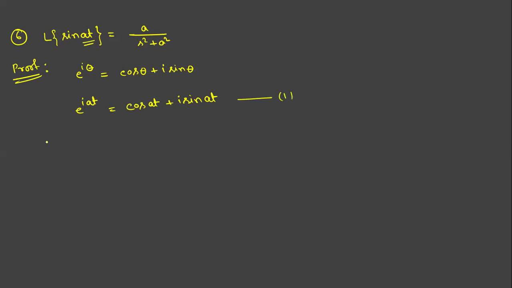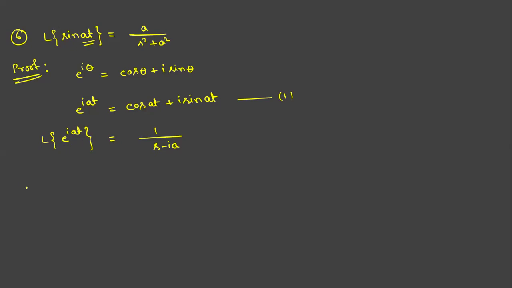Laplace of e to the power iat. What is Laplace of e to the power iat? You know, 1 by s minus ia. I have just proved formula number 4: Laplace of e to the power at equals 1 by s minus a, and here a is replaced by ia.